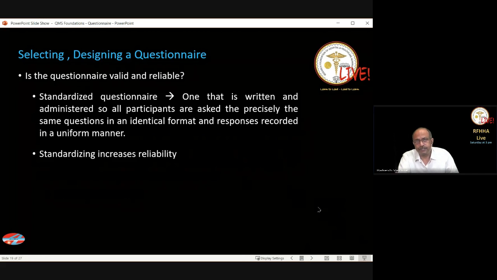A standardized questionnaire is one that is written and administered to all participants, so that all participants are asked precisely the same question in an identical format, and responses are recorded in a uniform manner. This gives you data which can be relied upon, and it is said that standardizing increases the reliability of a questionnaire.